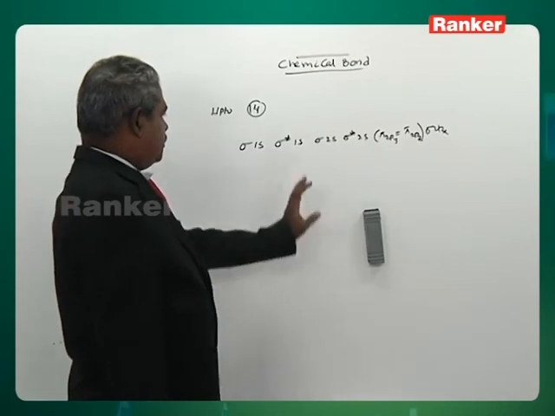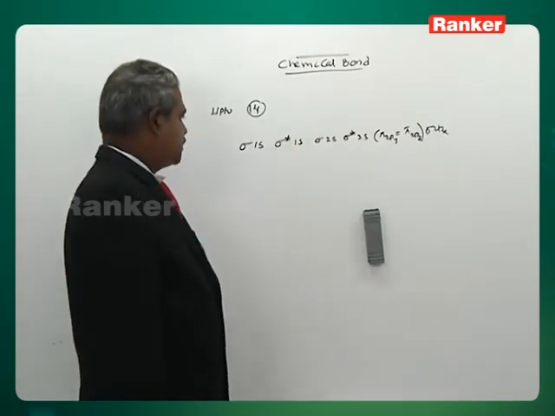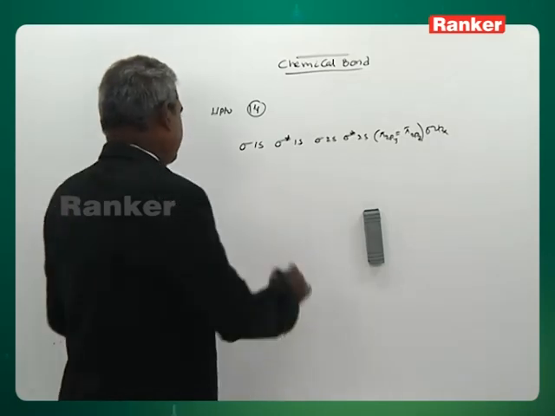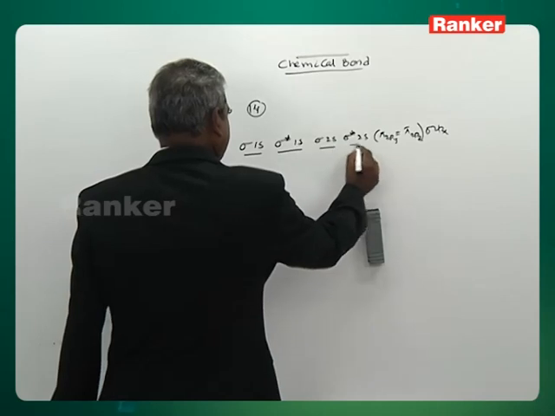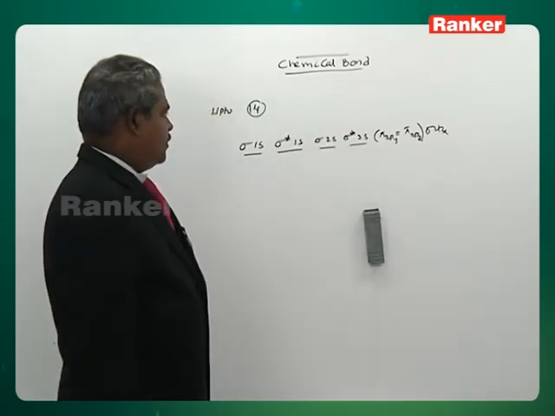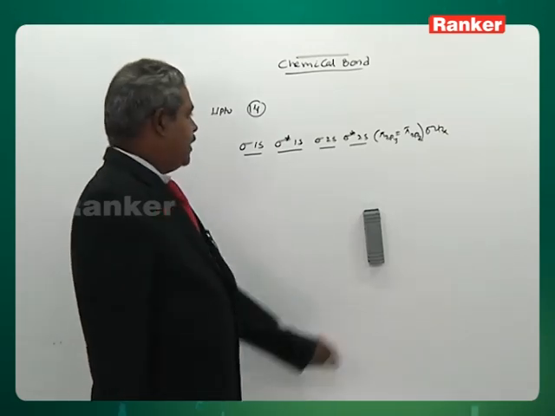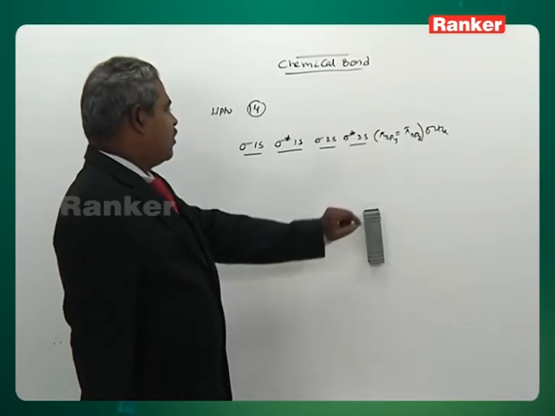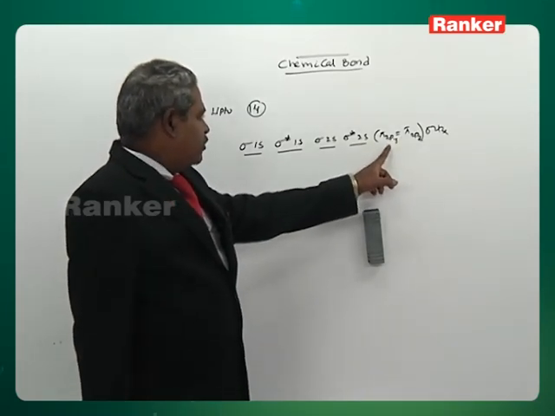So up to 14, this is how you have to arrange the electrons. First two electrons here, next two, next two, next two. So 8 electrons have been properly distributed, and for the next 4 electrons, since these two are equal, you should give 1 to this.